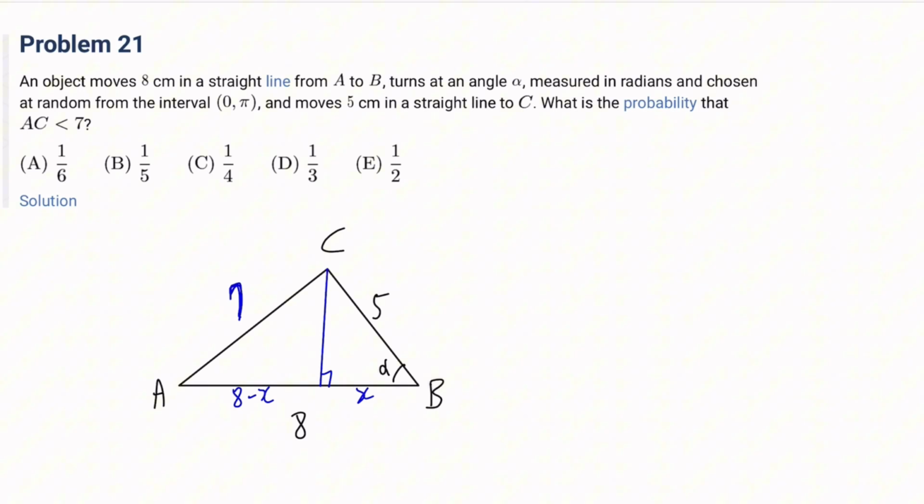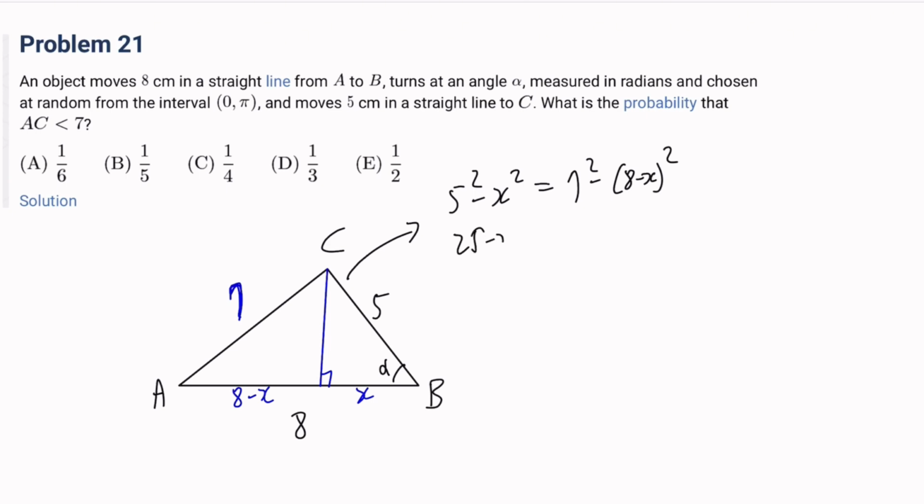So using Pythagoras for both of these triangles, we get 5 squared minus x squared, that's for this squared, equals 7 squared minus (8 minus x) squared, right?